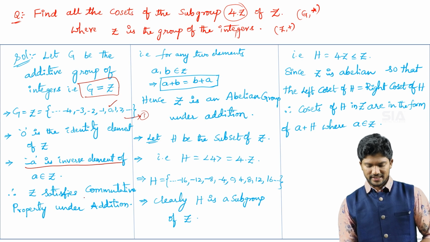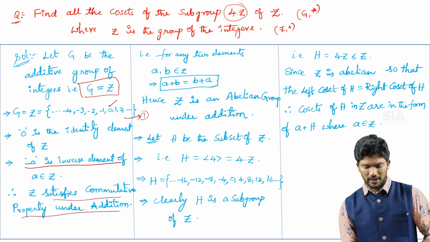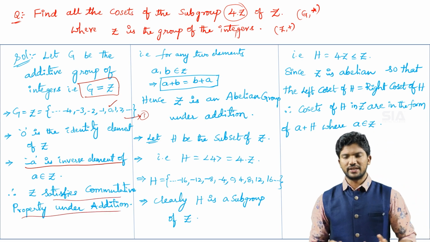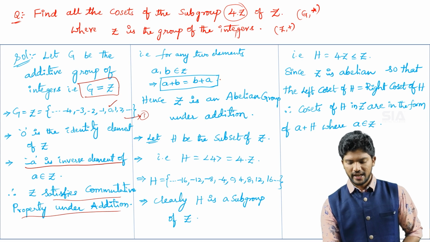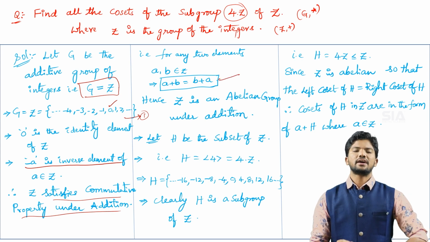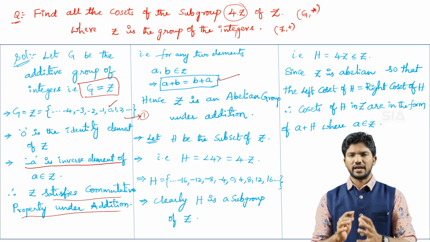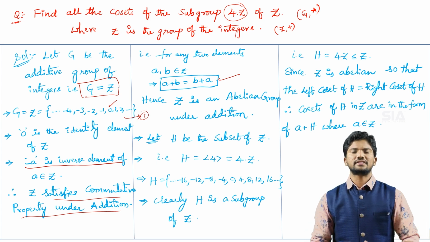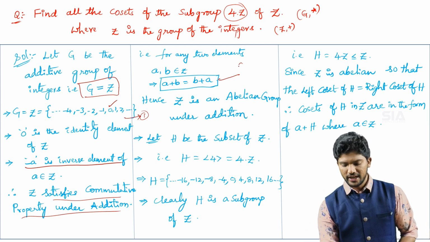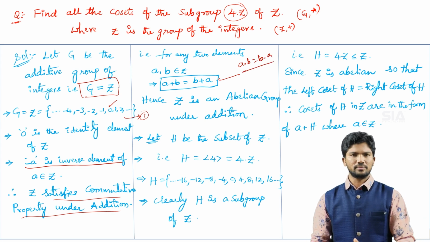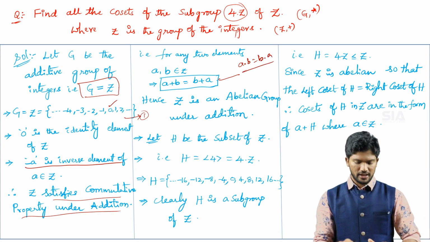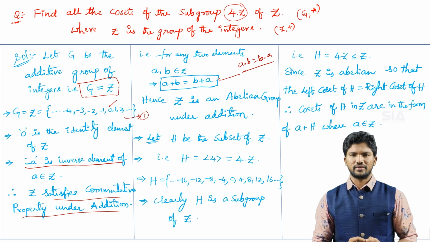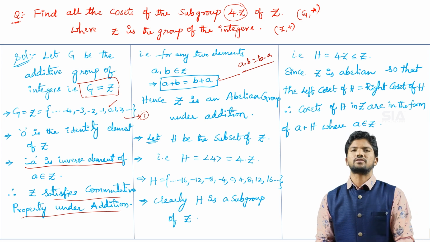Therefore Z satisfies the commutative property under addition. What is the commutative property with respect to addition? a plus b is equal to b plus a whenever a, b are any two elements in capital Z. The same commutative property we can define with respect to multiplication as a into b is equal to b into a. But with respect to addition, in the group of integers, we write a plus b is equal to b plus a.